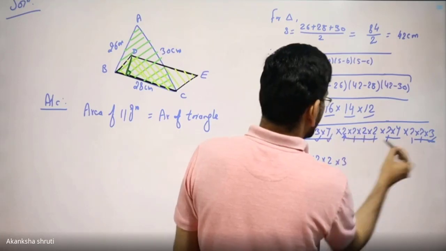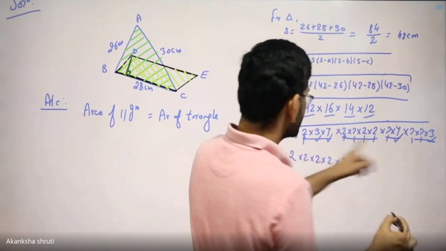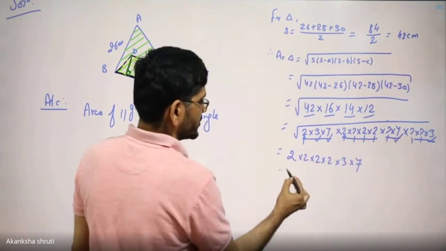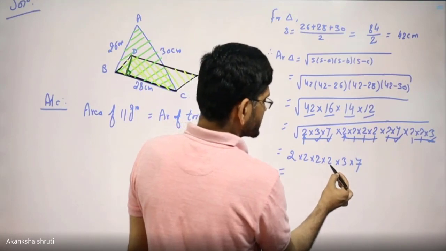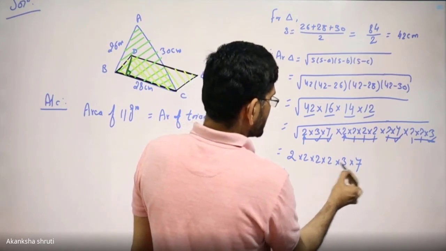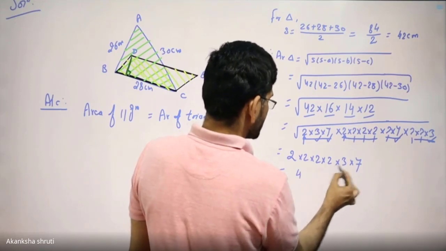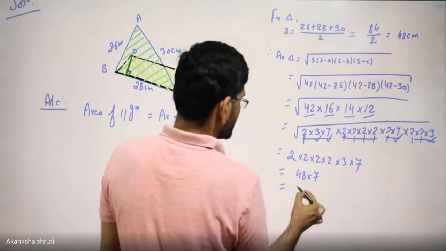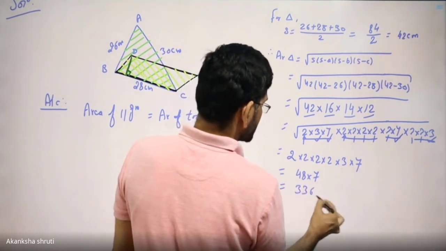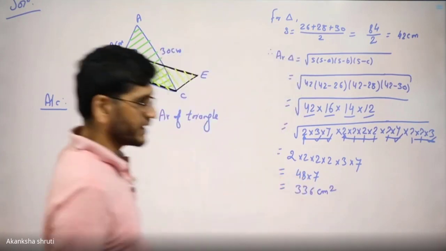Yes, this 7 and this 7, so one 7. Nothing is left inside the root. So it becomes 2 into 2 into 2 into 2, which is 16, into 3 is 48, into 7. What is this value? It is 336 centimeter square. But this is not the answer.